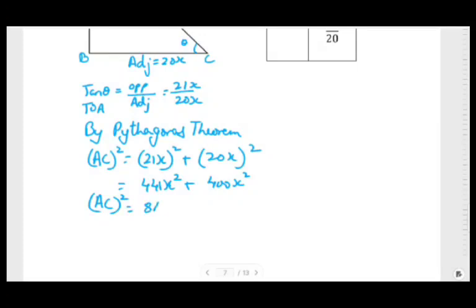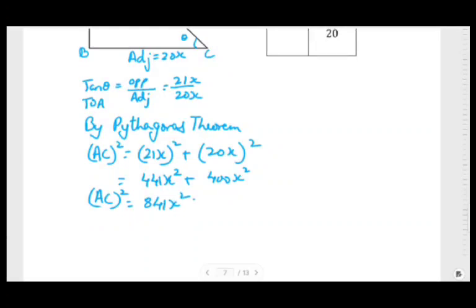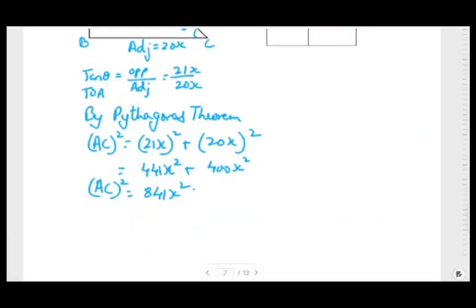So this becomes 841x square. Now square root of 841 is 29. 29 into 29 is 841.